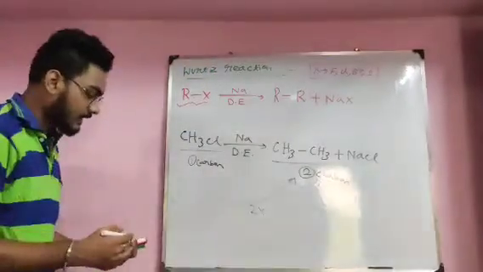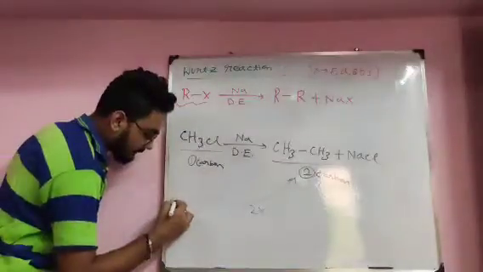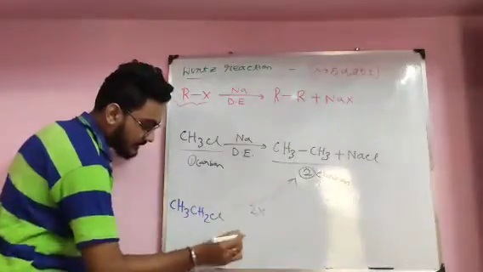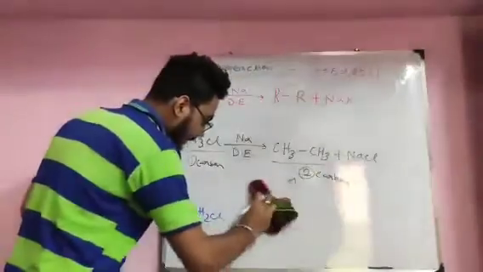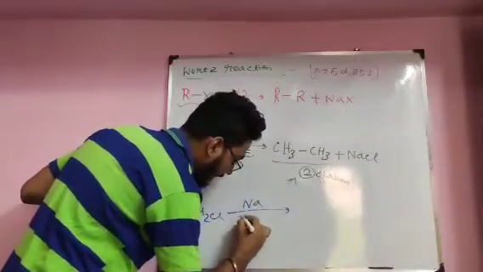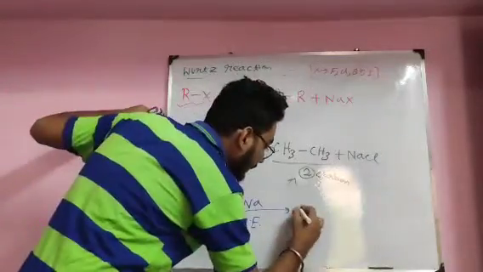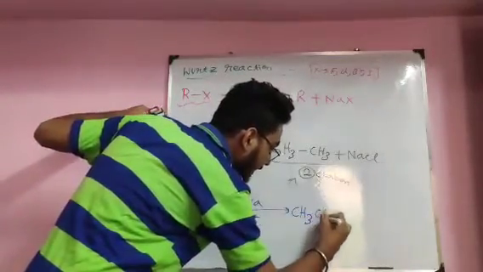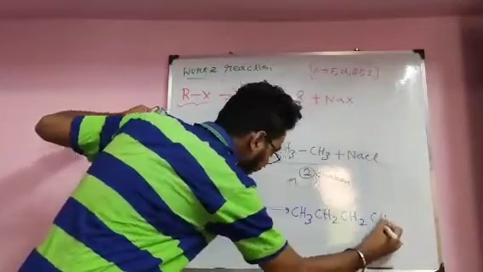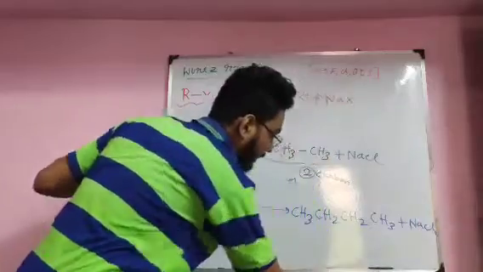Now if we take another example, CH3CH2Cl, with sodium and dry ether, then the product will be CH3CH2CH2CH3 plus sodium chloride, NaCl.